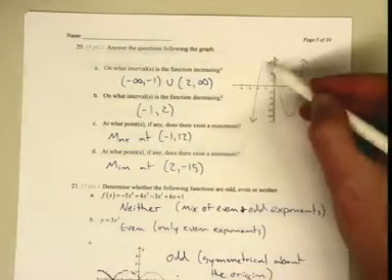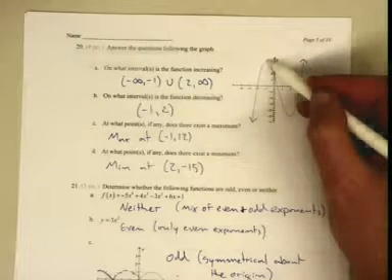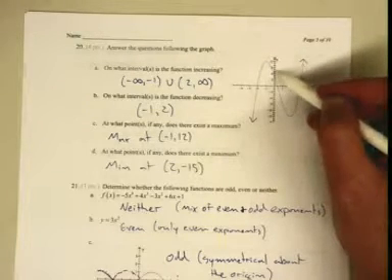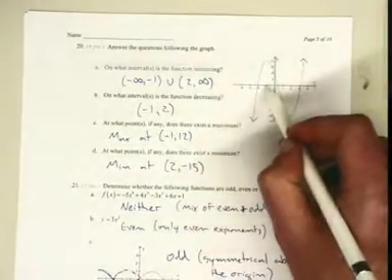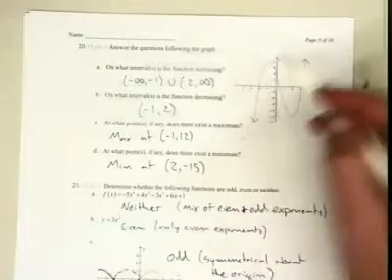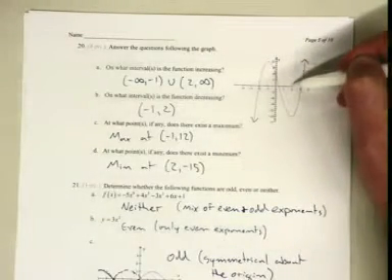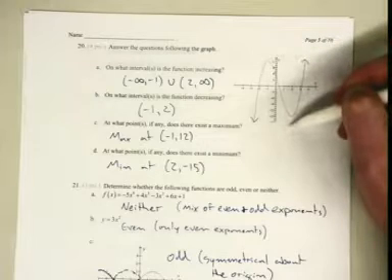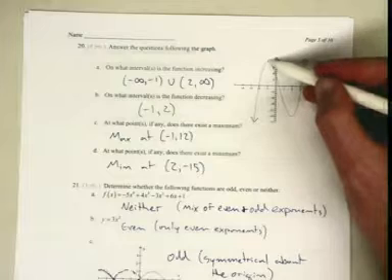And then at x equal to negative 1, I transition, and my graph starts going down. So as I'm going along the x-axis, starting at negative 1, my graph is going down, down, down, down, down, all the way until I get to x equals positive 2, which is this transition point down here.